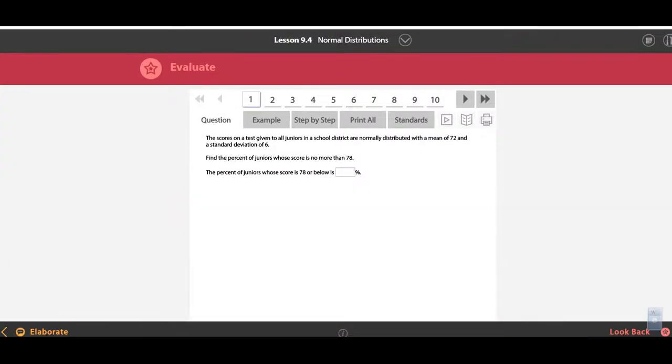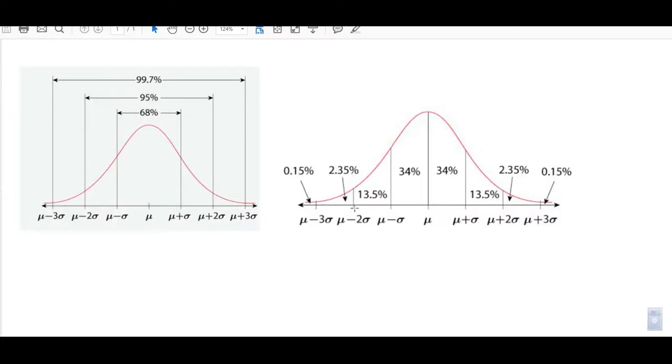All right, so a mean of 72 and a standard deviation of 6. I made a copy of these normal distributions here. And just a reminder, on the normal distribution, right in the middle, that symbol is the mean. Also the mean and the median are the same on a normal distribution. And then if we go one distribution to the right or one to the left, that covers 68%, and so on.